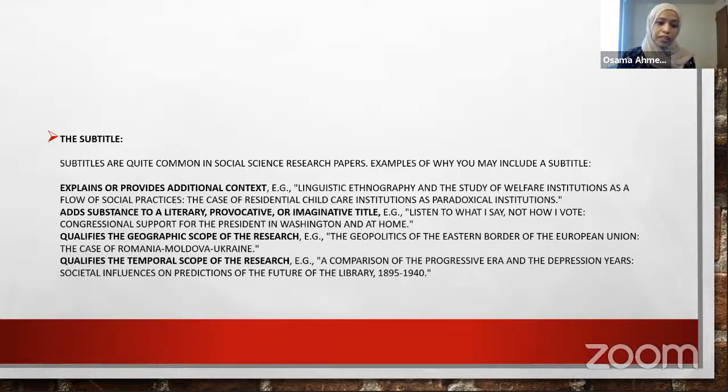By temporal, I mean the time period. "The comparison of the progressive era and the Depression years: social influences on prediction of the future of library." This study has been done between 1895 and 1940. So that's why we need a subtitle.